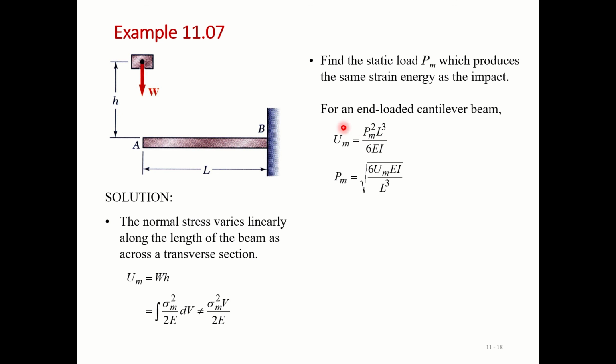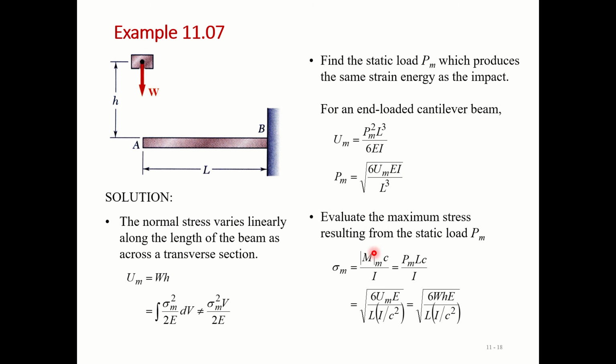So for the end-loaded cantilever beam, we have the relation for the strain energy, which is equal to Um = P square L cube divided by 6EI. We can find out the Pm from this relation, and the stresses in the beam are given by the flexure formula, Mc over I, and the moment is the load at this point multiplied by length.